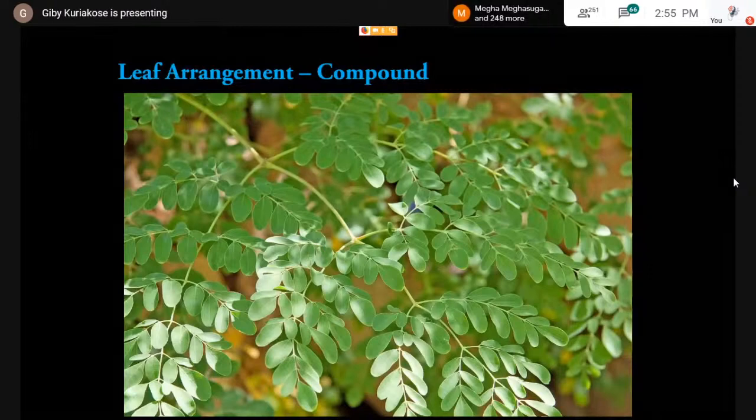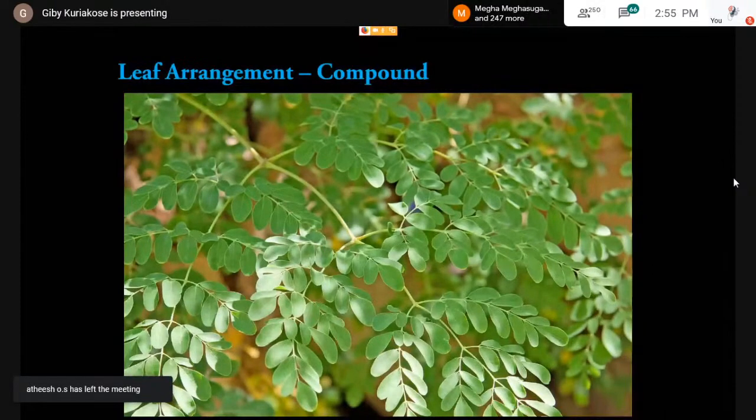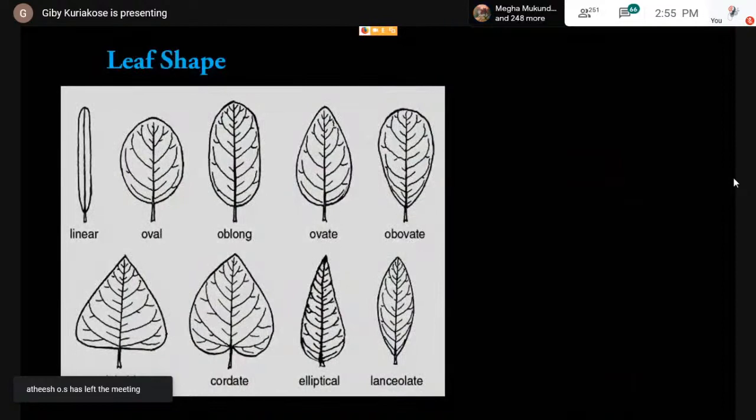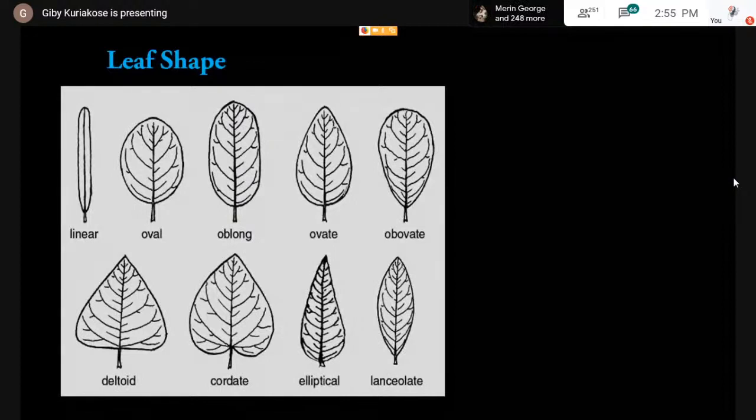At species level, we may not be able to depend on leaf arrangements like this. But the shape of the leaf is very crucial in running the key of the Flora of the Presidency of Madras, because several species have been handled by using leaves.